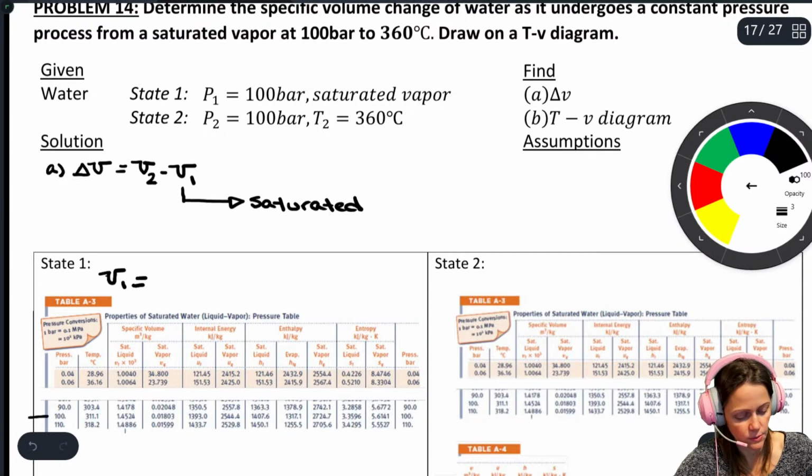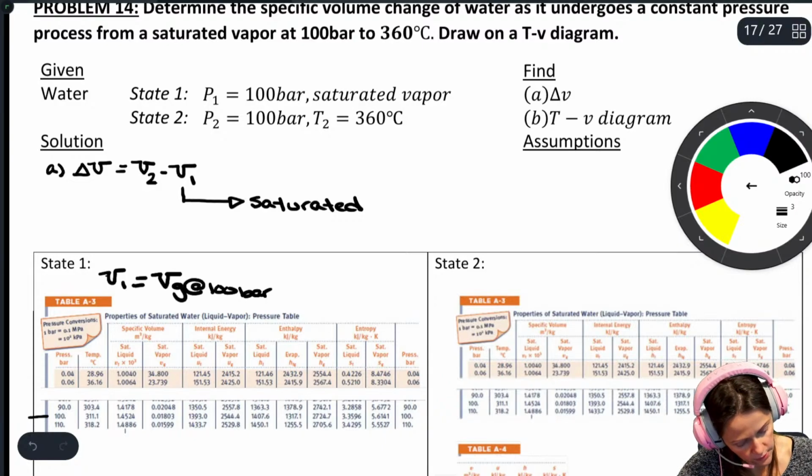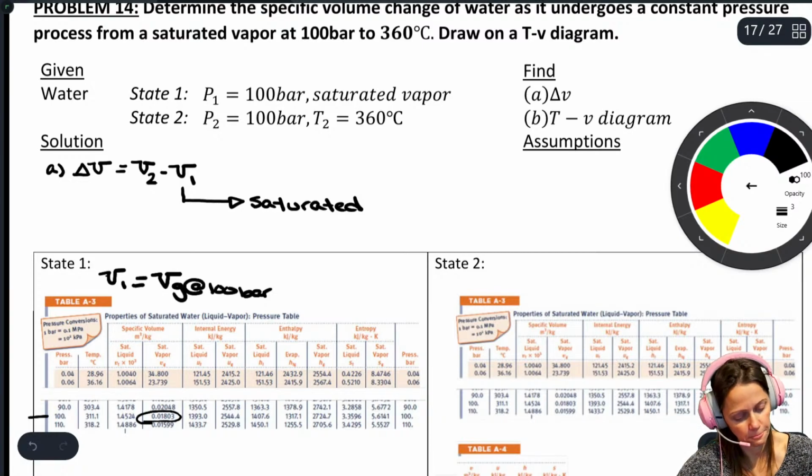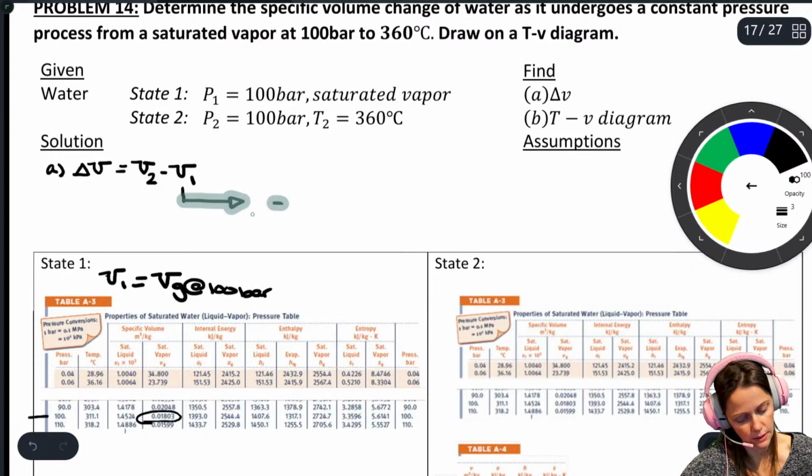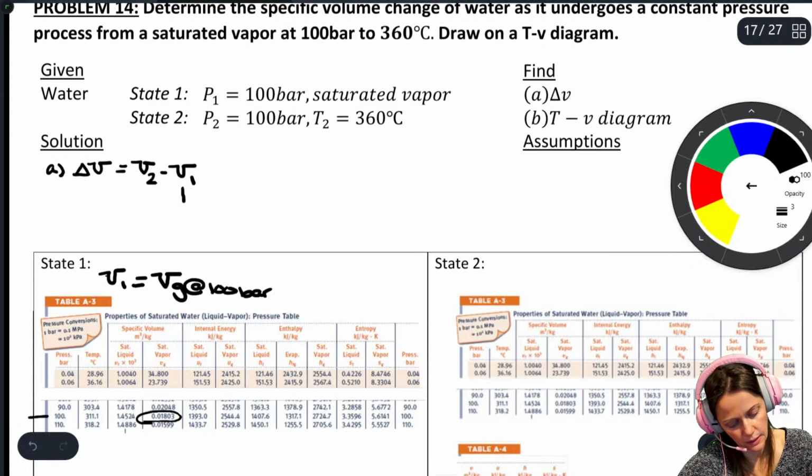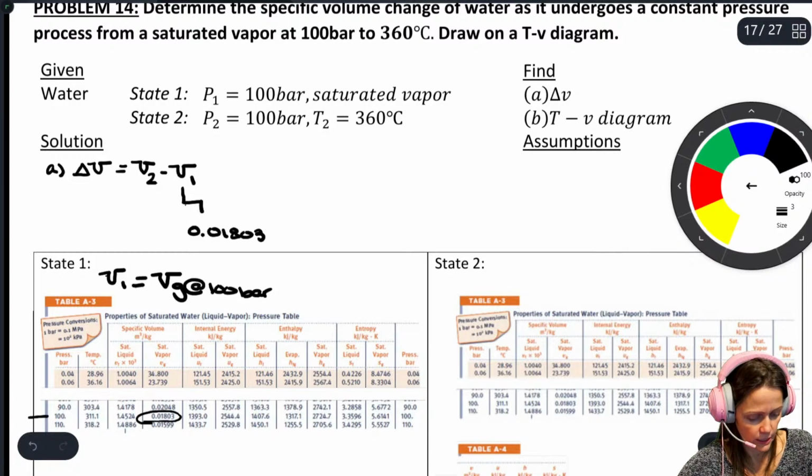This guy is going to be the V sub G, because this is a saturated vapor, at 100 bar. So it's going to be this guy right there, 0.01803, and this is going to be meters cubed per kilogram.